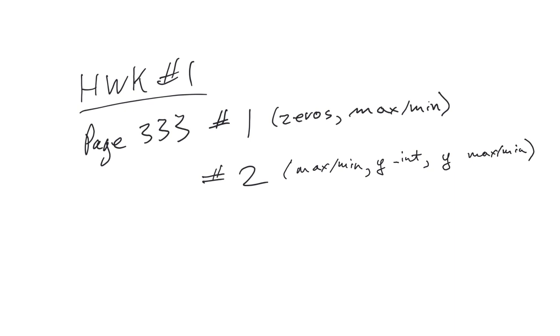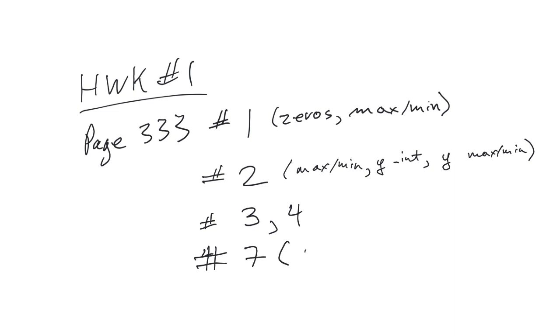Okay. And then to challenge you, extra challenge, we'll call this 3 and number 4. So do the work for 3 and 4. And then you're going to work on number 7.